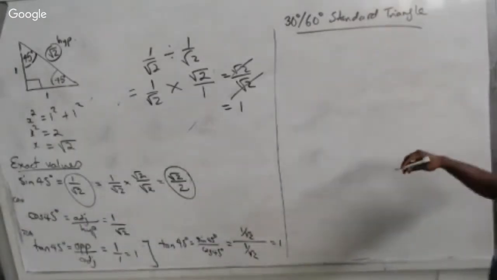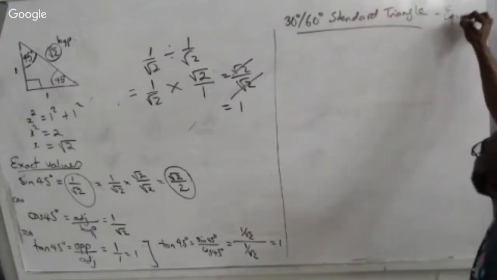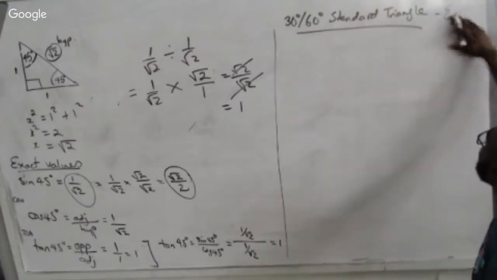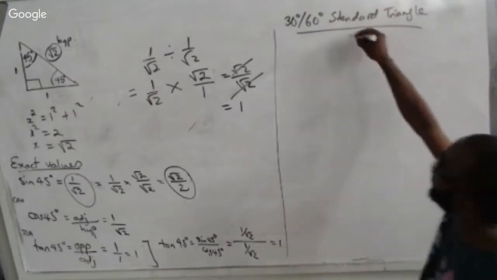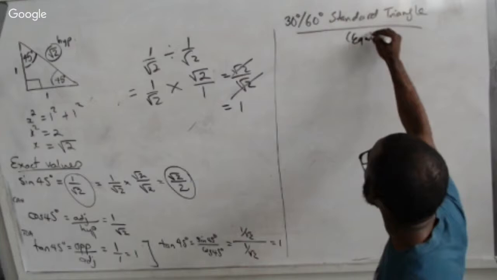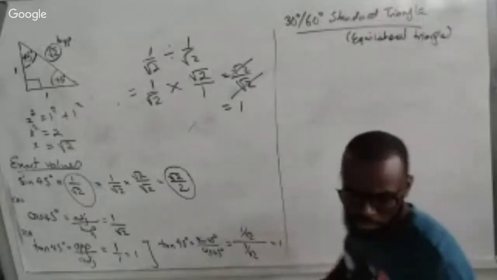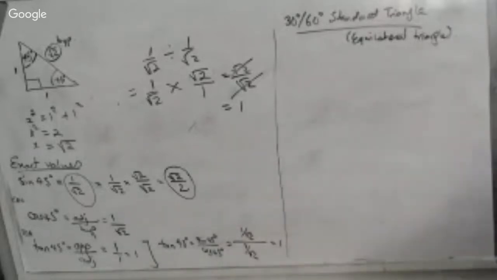The 30-60 degree standard triangles come from an equilateral triangle. Just look, it is derived from an equilateral triangle. And because this was a selling point for the calculator, how can I not sell the calculator one more time?